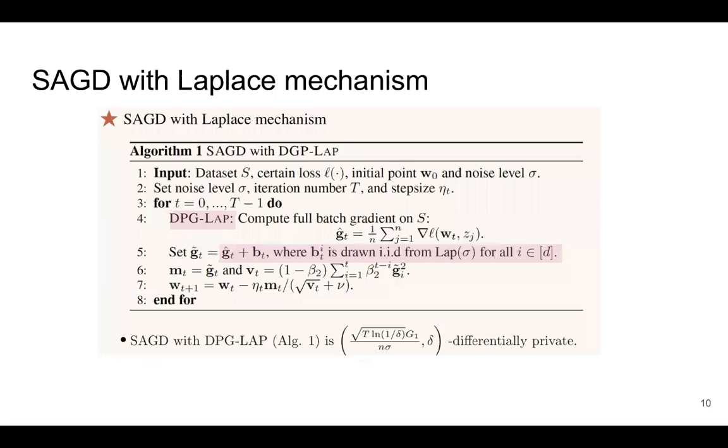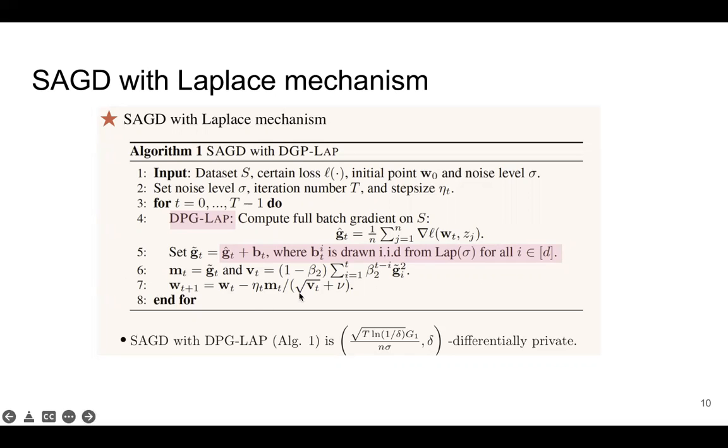The first problem this paper considers is SGD with the Laplace mechanism. In this algorithm, SGD needs to compute the empirical gradient, G tilde here, and update the model parameter through the usual update rule.